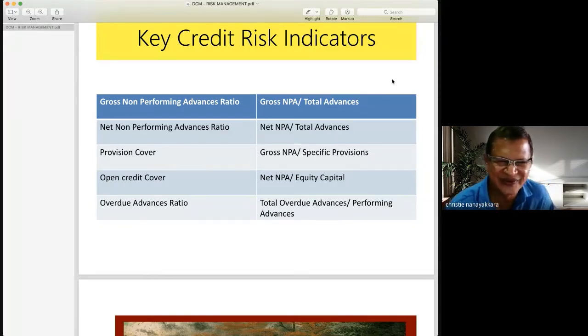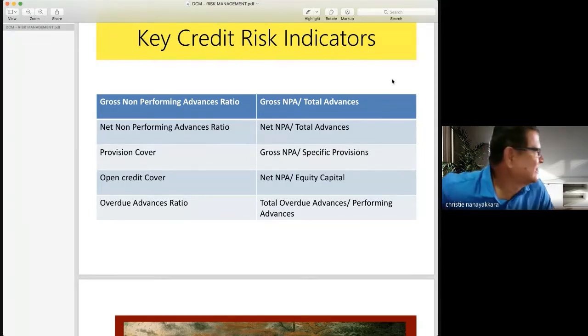The higher the gross NPA ratio compared with the industry standard, the worse your advances portfolio is. Most banks try hard to keep this gross NPA ratio at less than 3%. Unfortunately, due to the pandemic, some banks now record more than 5%, which is very much higher than the industry norm.